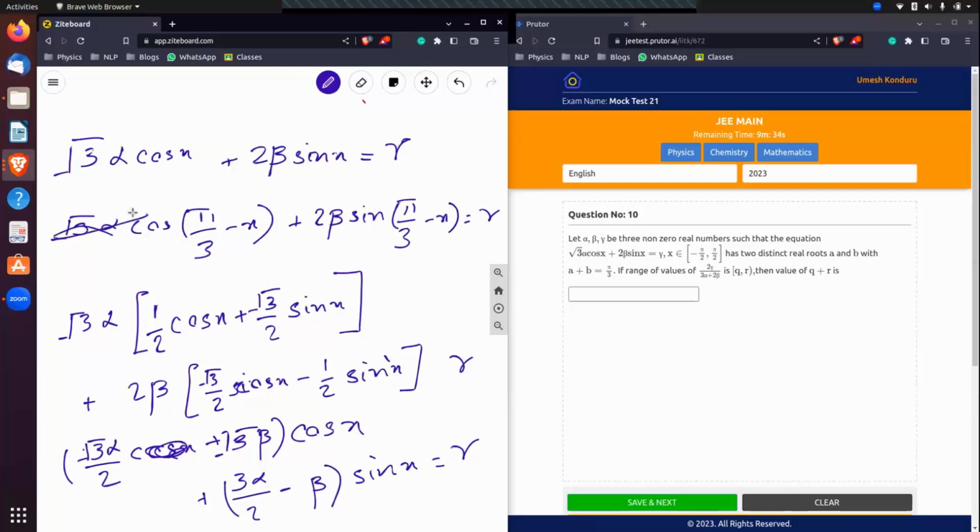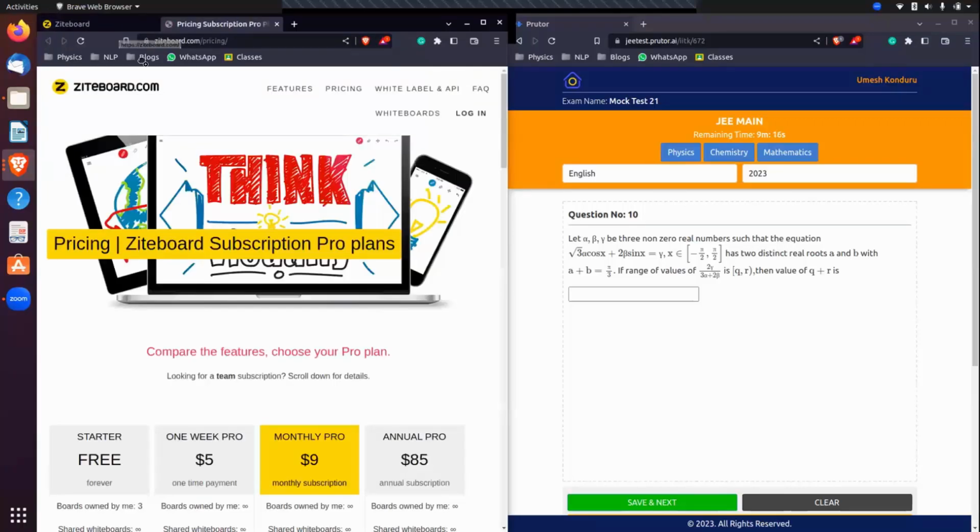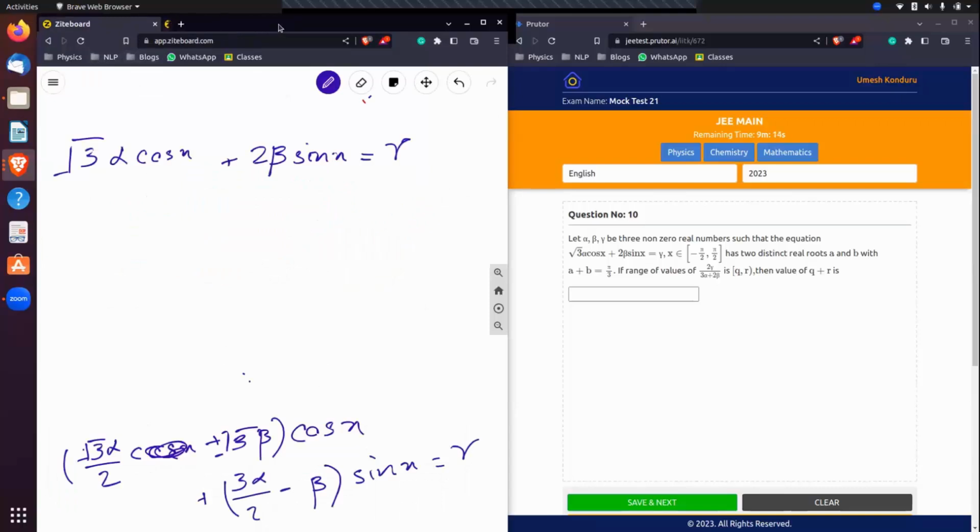Let me just get rid of this part. So what we want to do is eliminate sin x, and then we will try squaring this one.